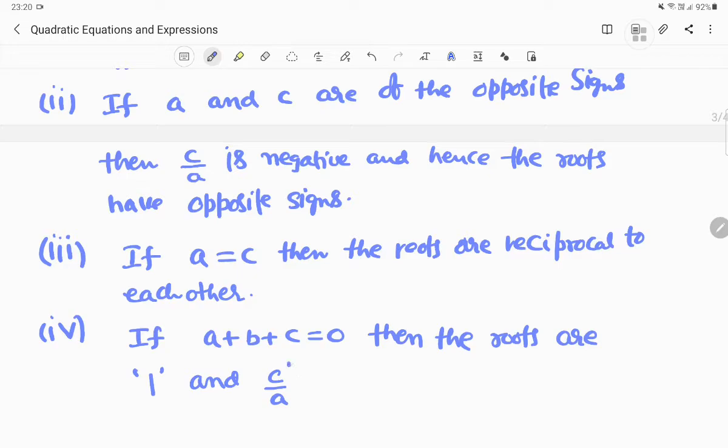So whenever you identify in the given quadratic equation A plus B plus C is equal to 0, we decide that 1 is one of the roots and C by A is also another root.